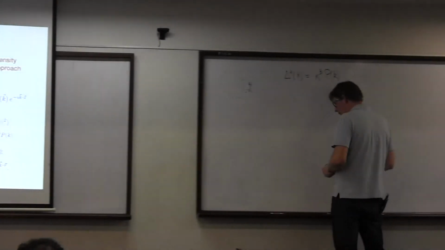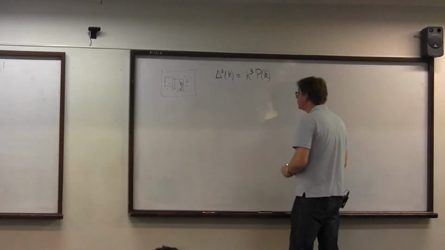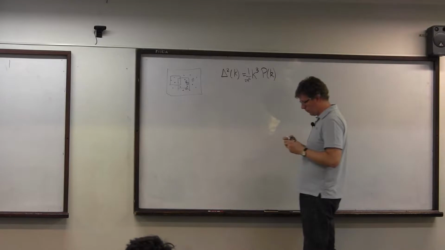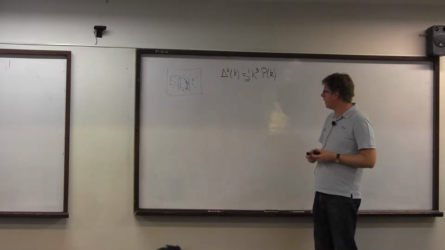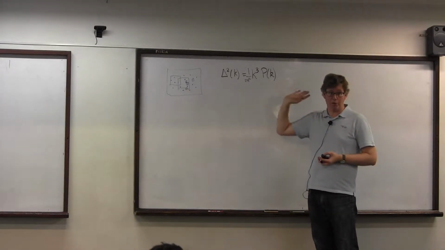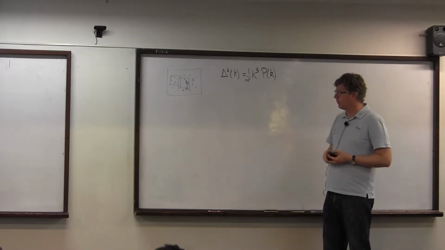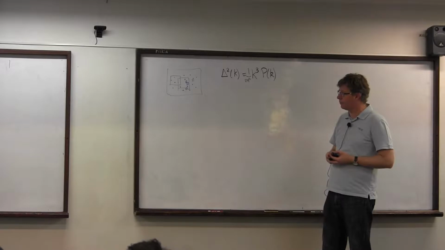It's always a pain to remember. That's another way of writing the power spectrum. It's exactly the same content. Sometimes people like to use that, sometimes they use the other. Okay, let me go back to this integral again.